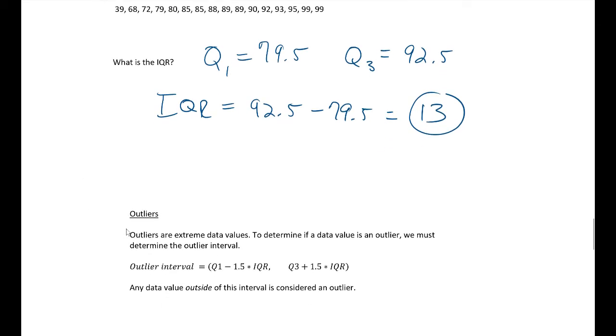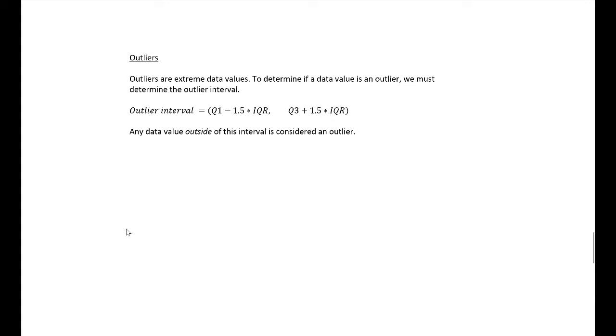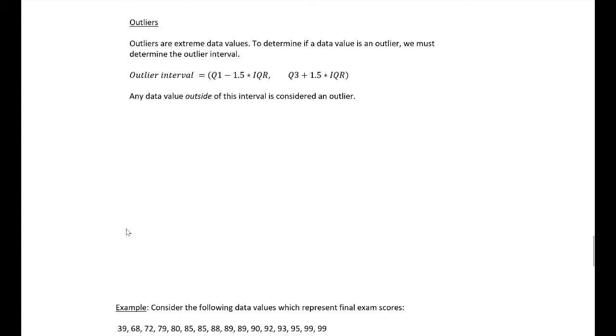Okay, almost done. So the grand finale. How do we determine if a data value is an outlier? How do we determine if a data value is weird enough? Well, there's actually a mathematical way we could do this. All right, so to determine if a data value is an outlier, we must determine what I like to refer to as the outlier interval.